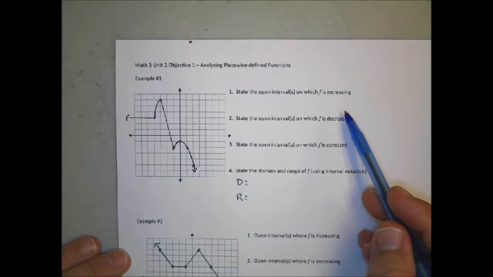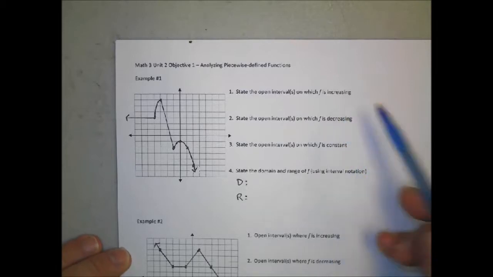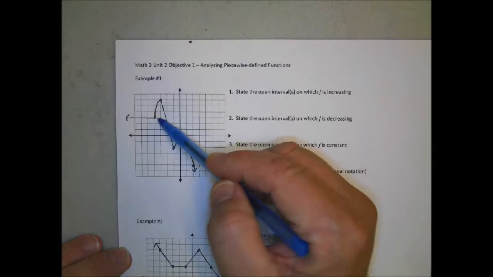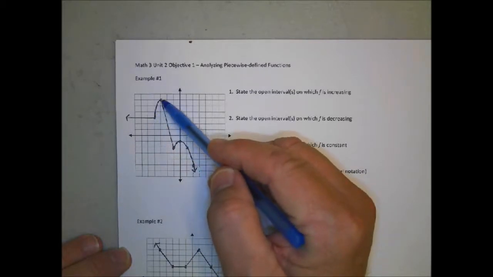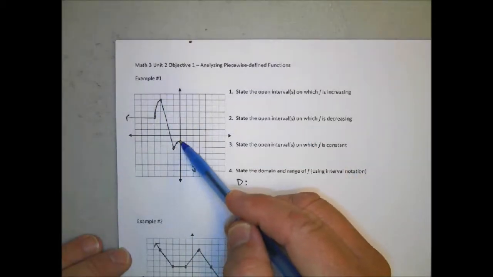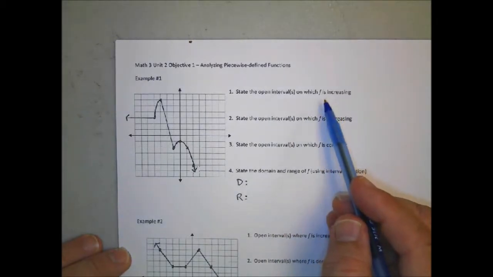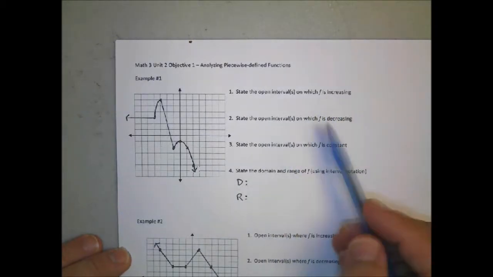Problem number 1, question number 1 says, state the open intervals on which the function is increasing. Well, we've got a couple of places where it's increasing, from here to here and from here to here. When the problem says state the open intervals, all they want to know is the domain, the x values.